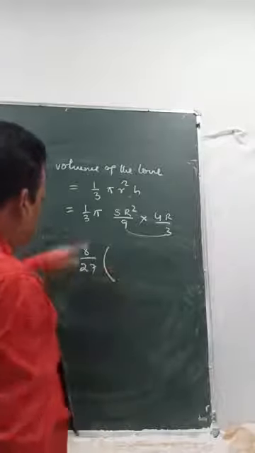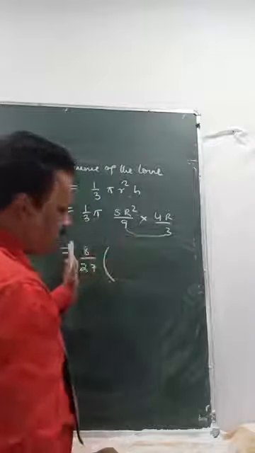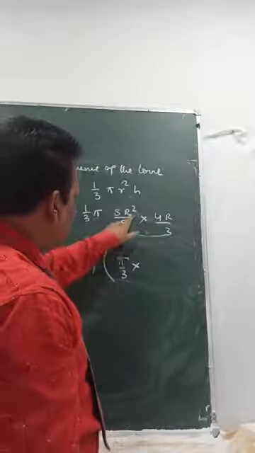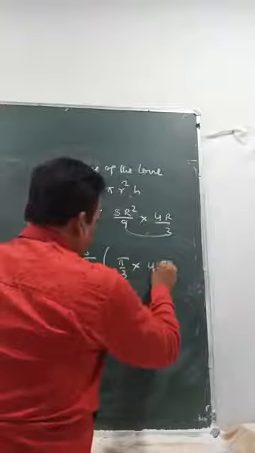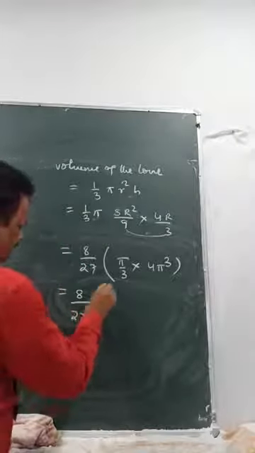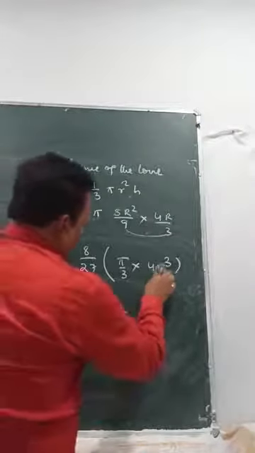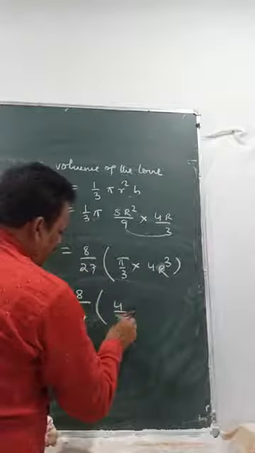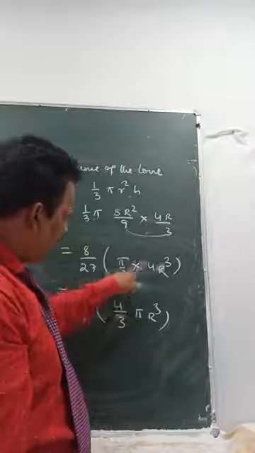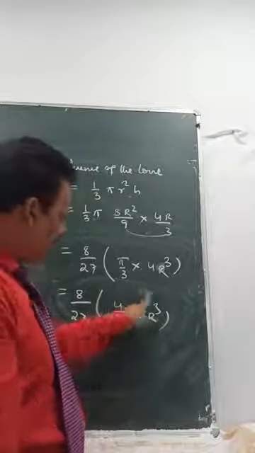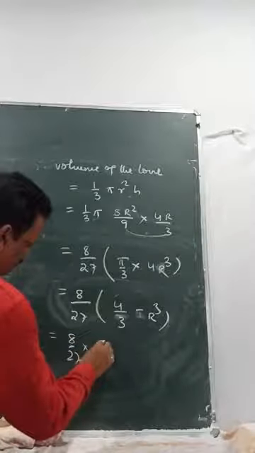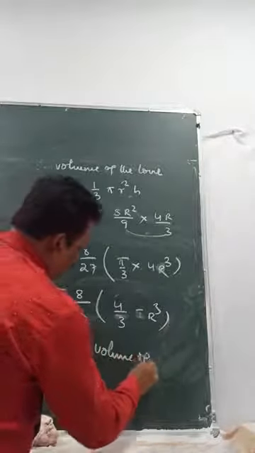What is left out? Here left out is, take out means I have written in one side. Pi by 3, this again R square 4R cube. That is, rewrite 8 by 27, 4 by 3 pi R cube. I have rearranged it. Why? This is volume of the sphere. So which is 8 by 27 volume of the sphere.